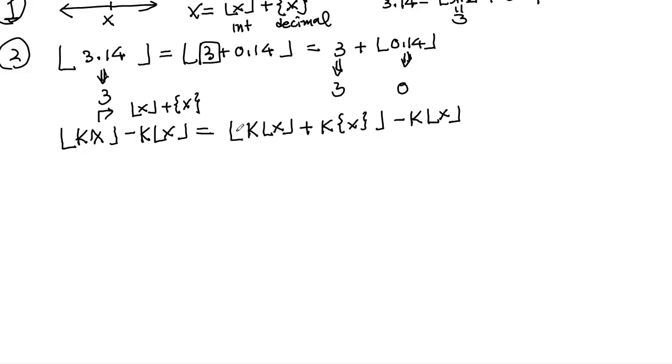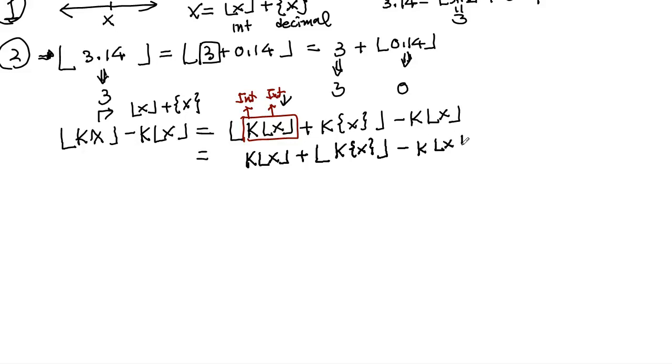When you take the first term, k times the integer portion, it should be an integer because k is an integer, so it can move out. This can be expressed as k times integer of x plus the greatest integer of k times decimal, minus k times the greatest integer of x.